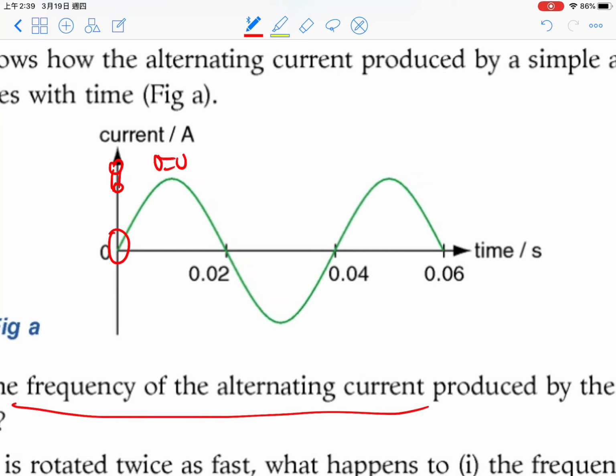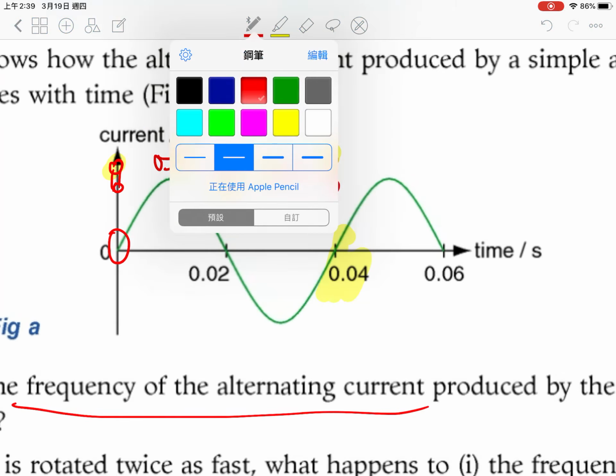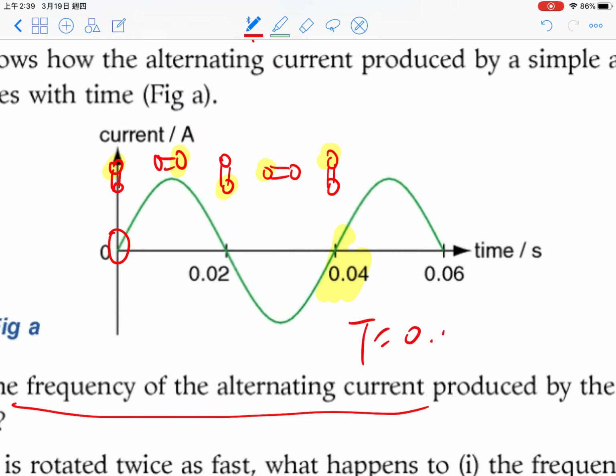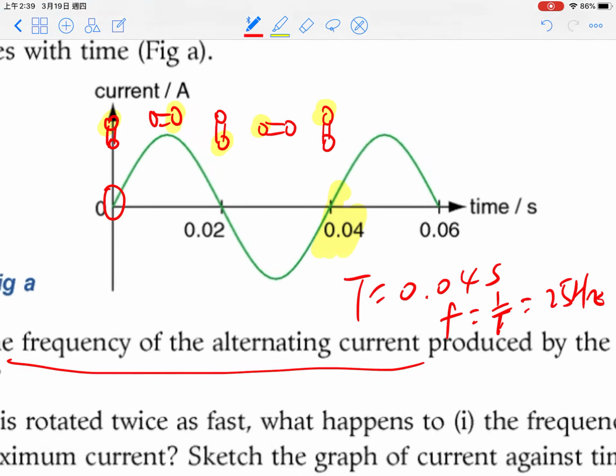Horizontal here, vertical, horizontal, vertical. So what happened? That's one period, okay? One period is 0.04. So we know period is 0.04 second. Frequency equals 1 over T. That is 25 Hertz.